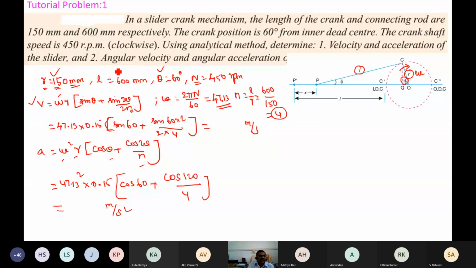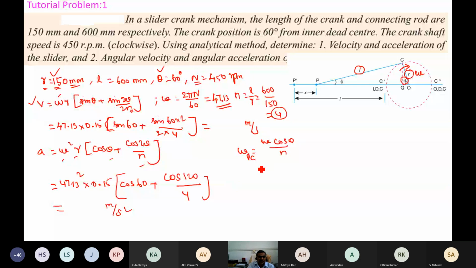Then you have to find the angular velocity and angular acceleration of the connecting rod. So what is the equation for the angular velocity and angular acceleration of the connecting rod? Omega and alpha. Omega PC, this is the connecting rod, is equal to omega cos theta by n.